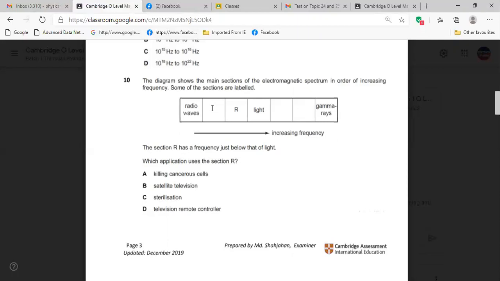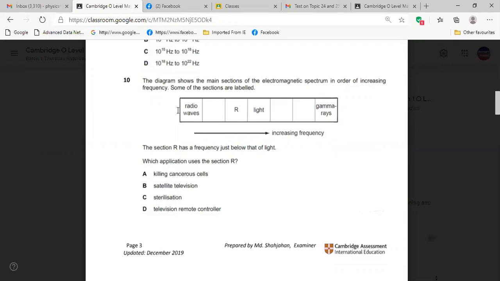Then here is ultraviolet. Then beside ultraviolet, before gamma rays, X-rays. So gamma rays and X-rays are closer. Here is infrared, then microwaves, then radio waves.